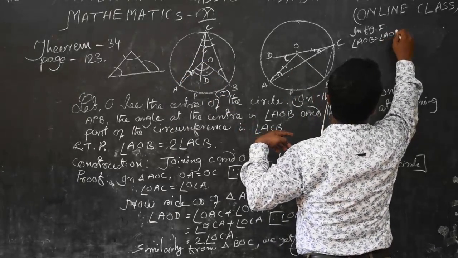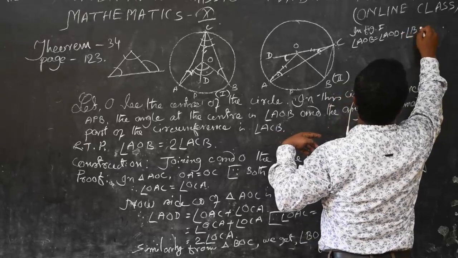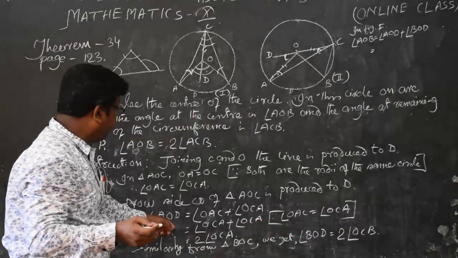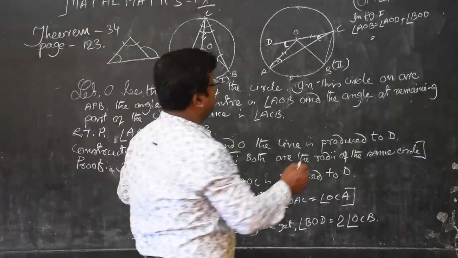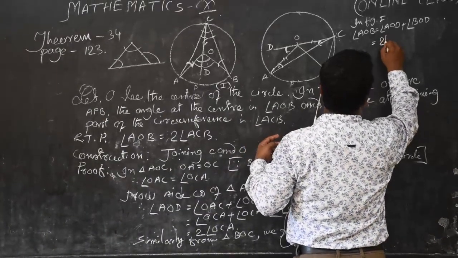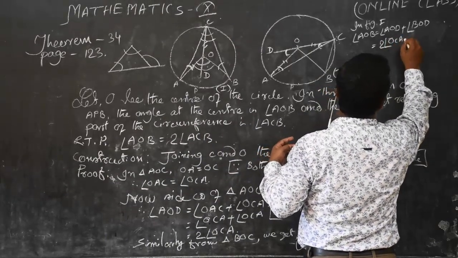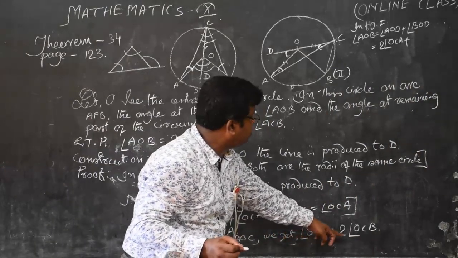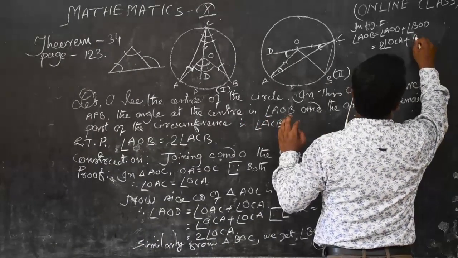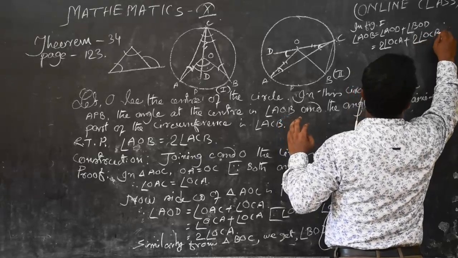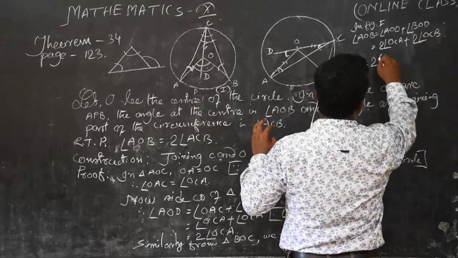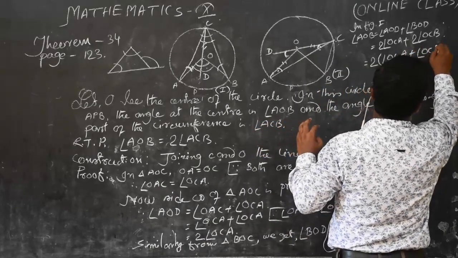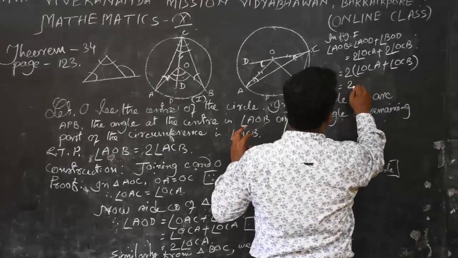You have to put the value of angle AOD, it is 2 angle OCA, plus the value of angle BOD, which you know is 2 angle OCB. So it equals 2 times angle OCA plus angle OCB.